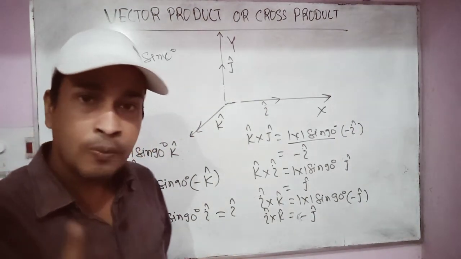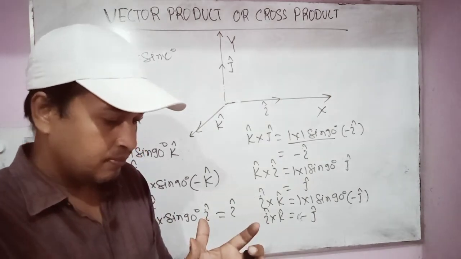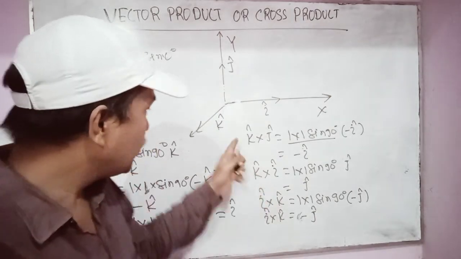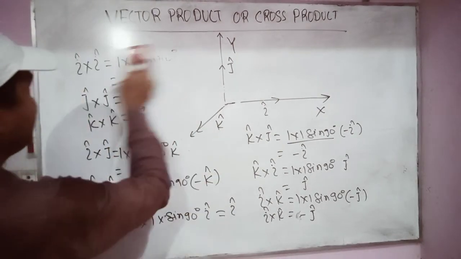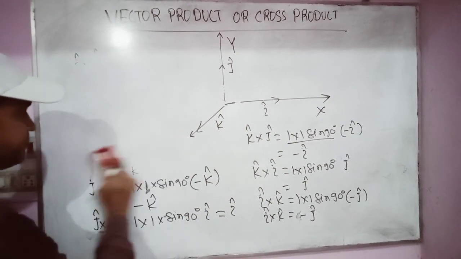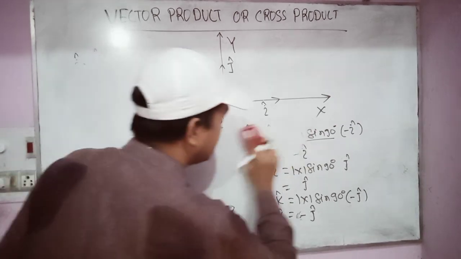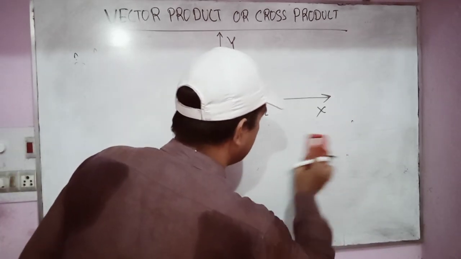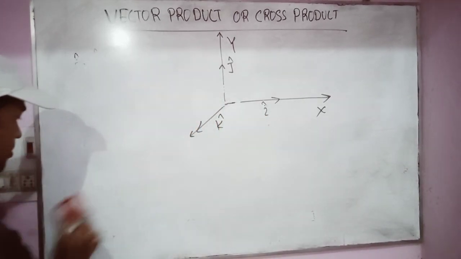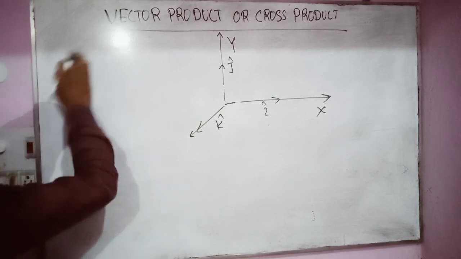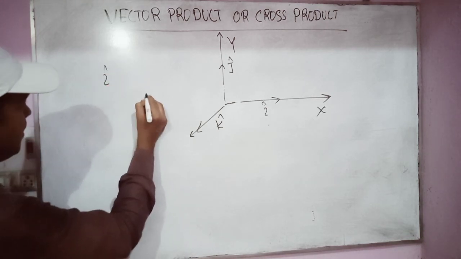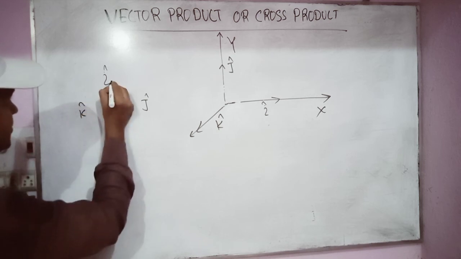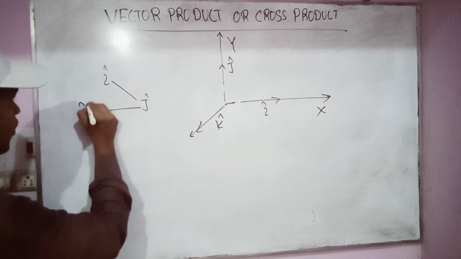Now I will teach you a very easy method to remember the cross product of all three vectors. So what is the method? Arrange all three vectors, i cap, j cap and k cap, in clockwise, in cyclic order.